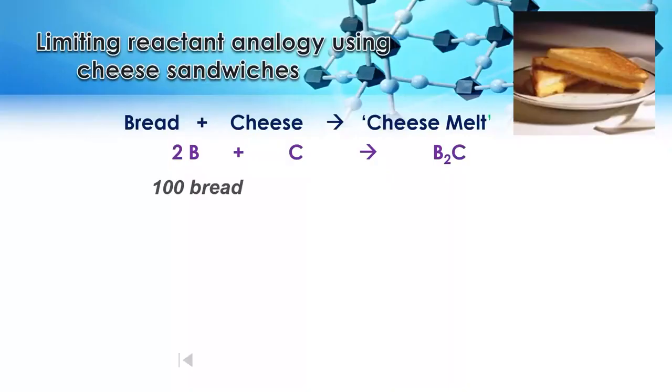So you are given 100 pieces of bread and 30 slices of cheese. How many sandwiches can you prepare from 100 pieces of bread and 30 slices of cheese? Let me ask you a question.